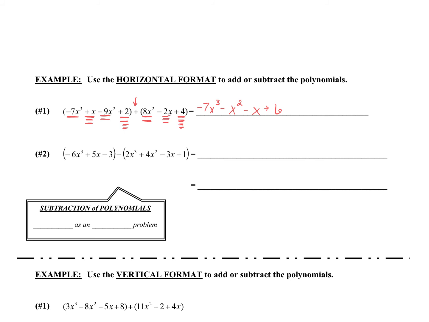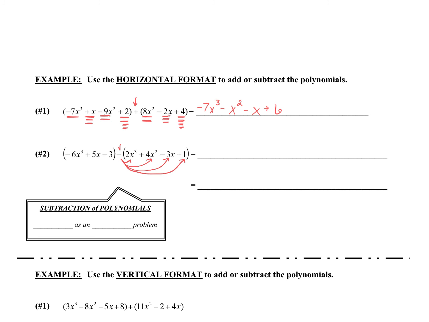Okay, for this next one, notice that we're subtracting. So what I'm going to do is I'm going to distribute that negative to each term. So I'm going to do some distribution here to each of my terms inside the parentheses.